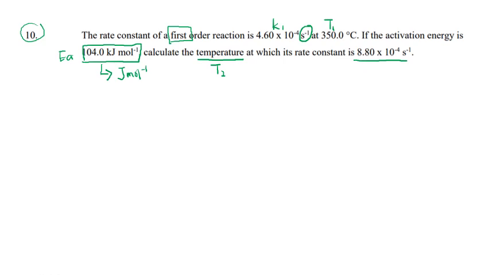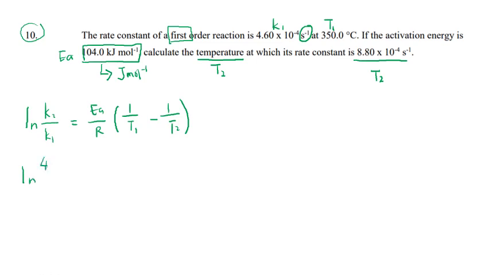Because we can see there are two temperatures, we are going to use the Arrhenius equation: ln K2 over K1 equal to EA over R times 1 over T1 minus 1 over T2. So K1 is 4.6 exponent negative 4, while this is K2.